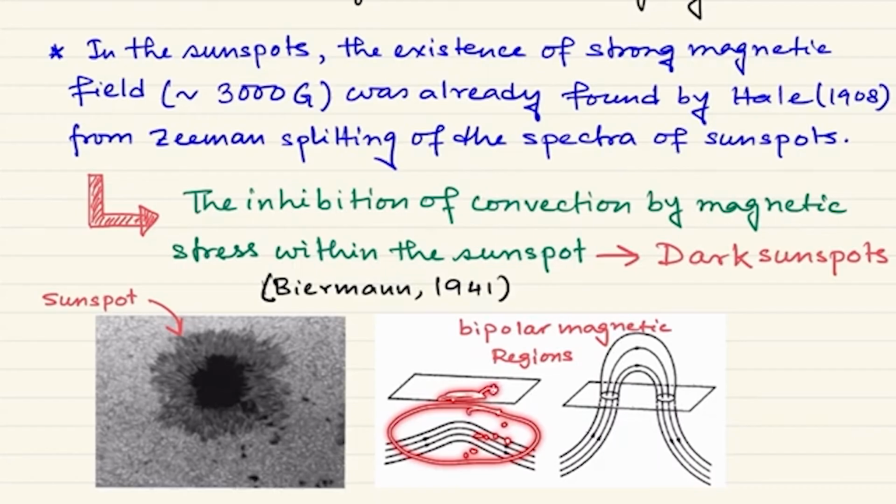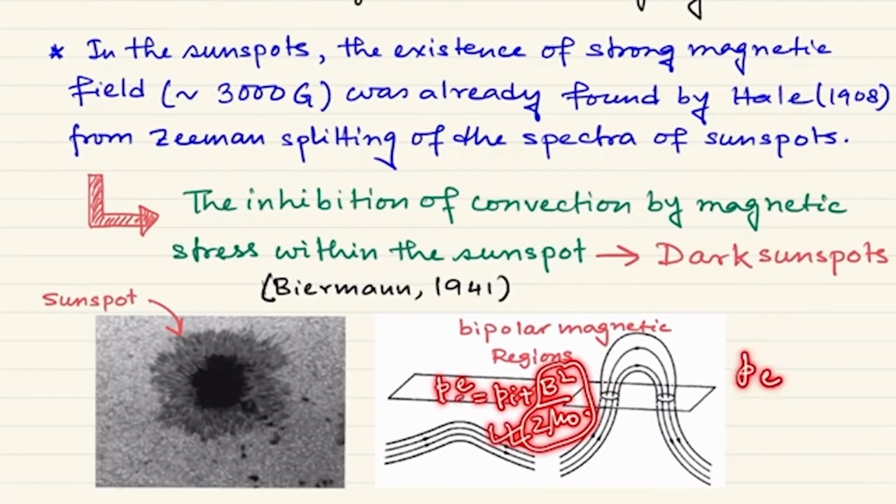That's very common sense. Here the external pressure is equal to the internal pressure plus the magnetic pressure, B squared by 2 mu 0. Since B squared by 2 mu 0 is very large inside, P_E can be very much greater than P_I.